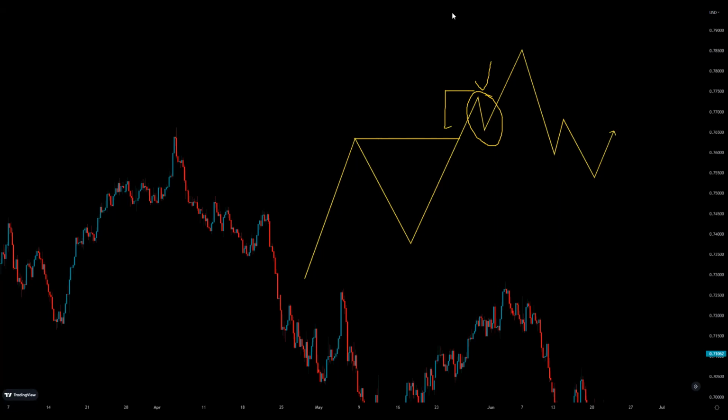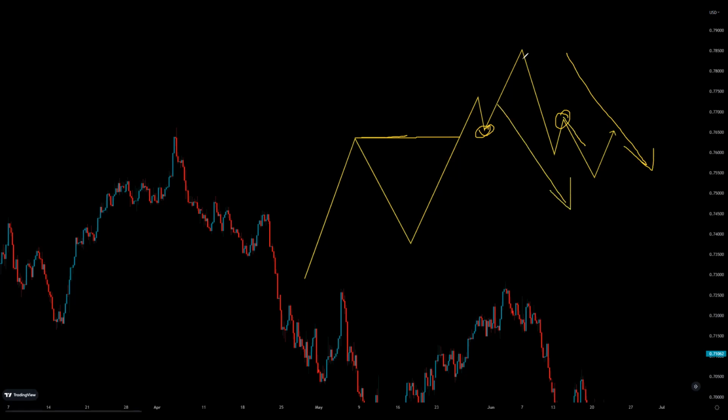But also remember what I said, that in most cases I want to take entries where internal structure and external structure are aligning, so they are both bullish. The moment they are both bullish going up, that's where I'll take it. The moment this is bearish and the overall is bearish, the trade becomes solid.